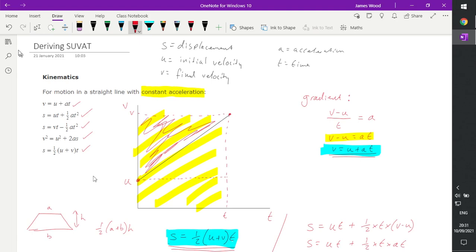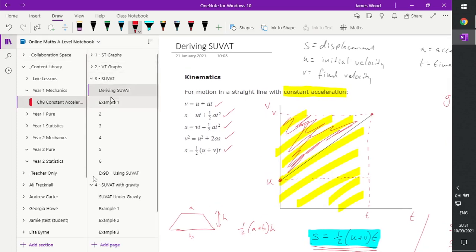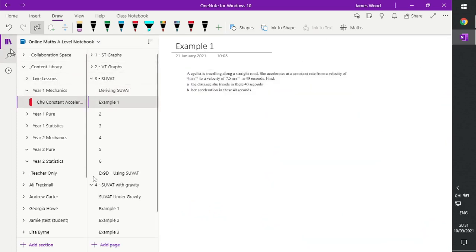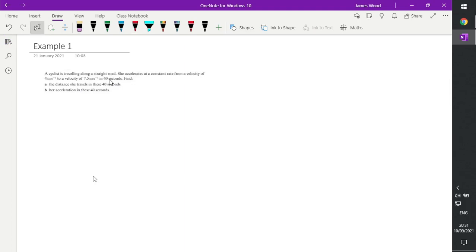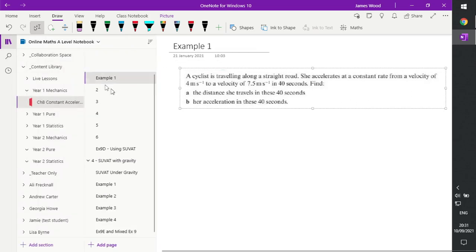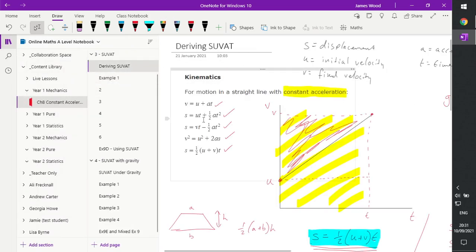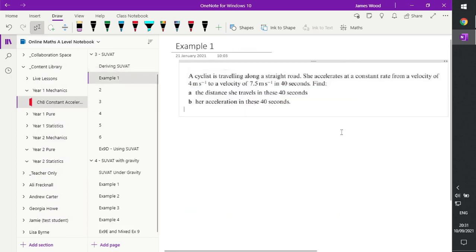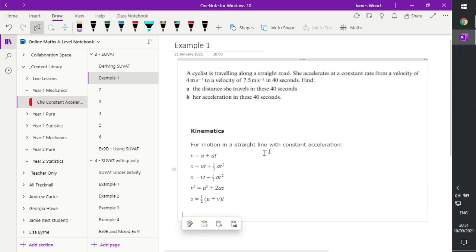But I would hope that by the end of the course you've done enough of them that you will remember them. So I'm just going to go through several examples, several different contexts, and show you how to use these SUVAT formulae. In fact, I'm going to copy and paste the SUVAT formulae onto my page 2, just so we've got them there.